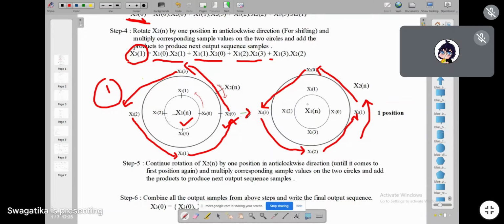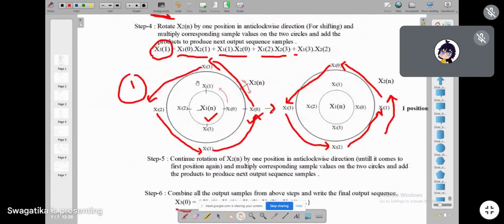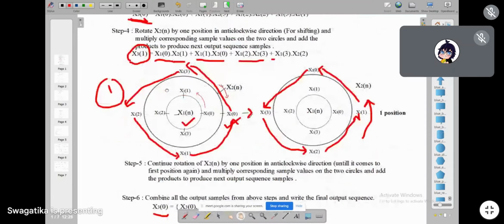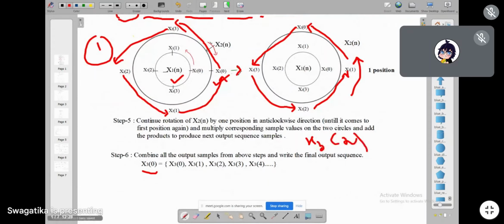So same thing you will find. Now you can find your x3 0, x3 1. Now you can find out your second sample of your convoluted signal, then third sample of your convoluted signal, like that you can find.